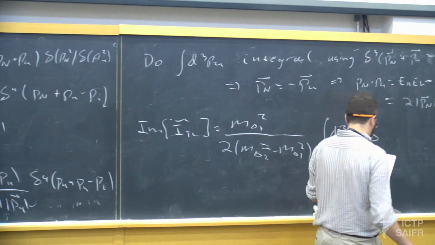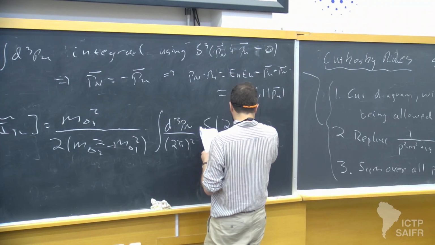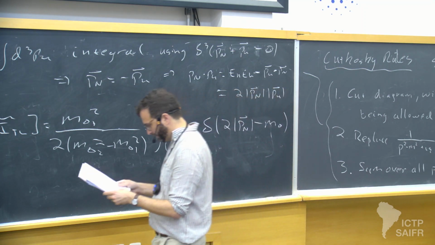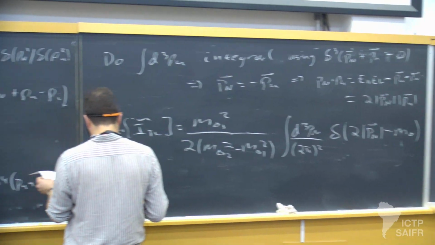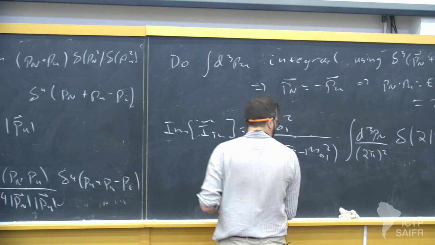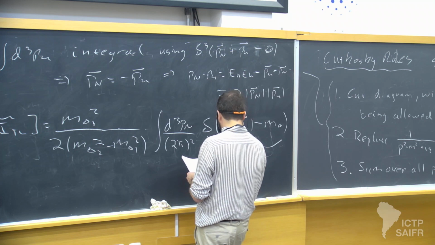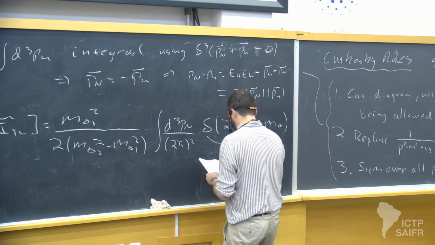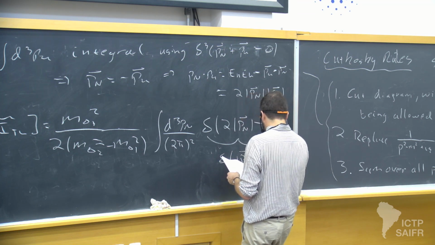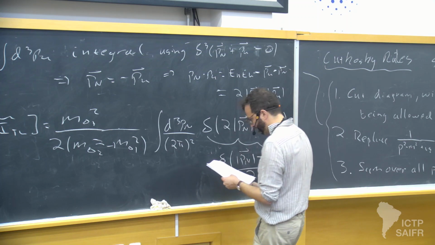And this is just delta of 2 pn minus m delta. This, of course, is just using the properties of the delta function. This is just delta of pn minus m delta on 2, divided by 2, okay?